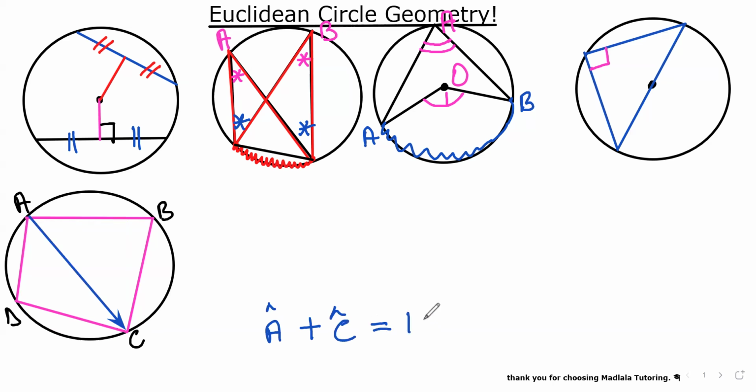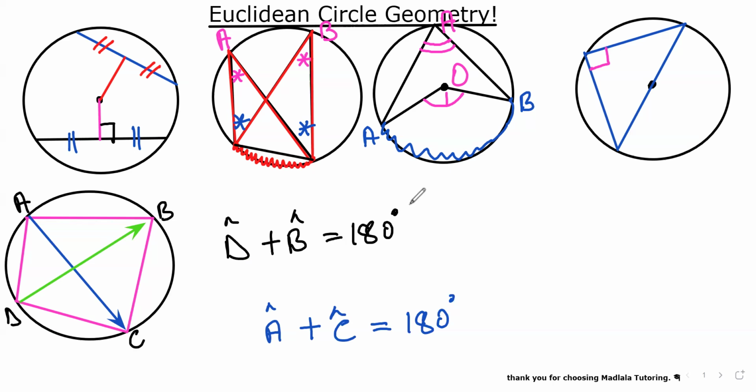So yes, if you add these two angles, you get 180 degrees. And of course, these two are not an exception as well. So if you take angle D, you add it to angle B, well, you simply get 180 degrees as well.